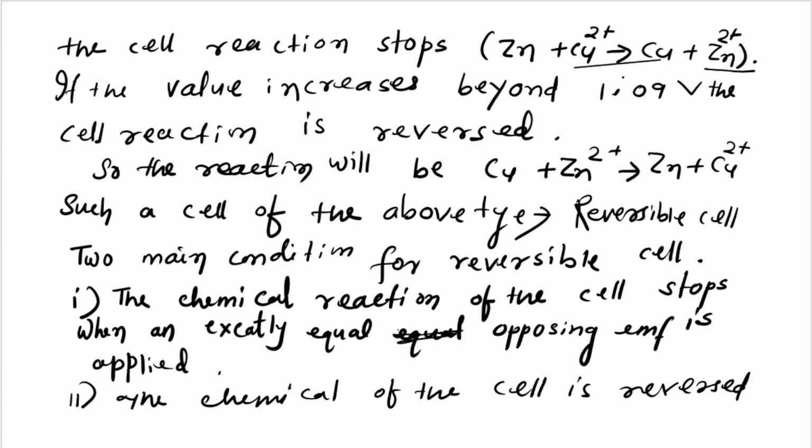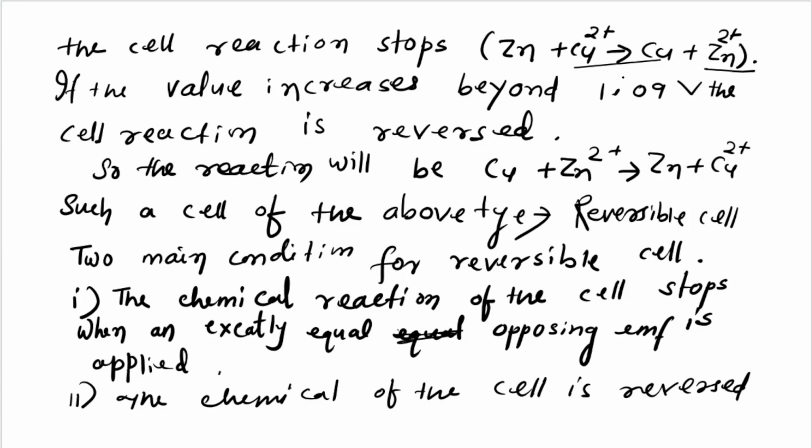So what happens here, if the value increases, suppose you are giving more than 1.09 volt, the value increases, then the cell reaction is reversed. Important point: if the same value is applied opposingly, then it stops.